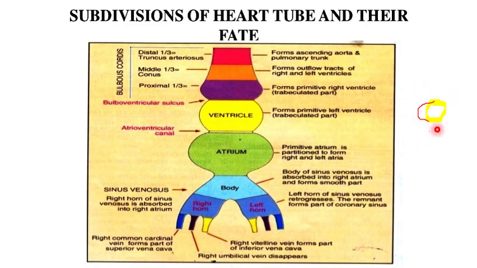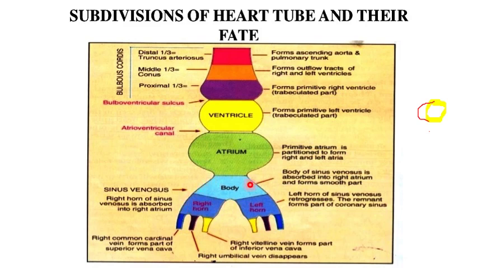This is the gross diagram of what you have seen during the development of the heart. And then comes the constriction, the primitive atrium, where the ventricle and atrium are in continuation with the atrioventricular canal, and this primitive atrium will give rise to the right and left atrium.